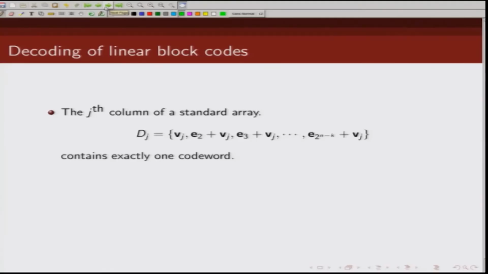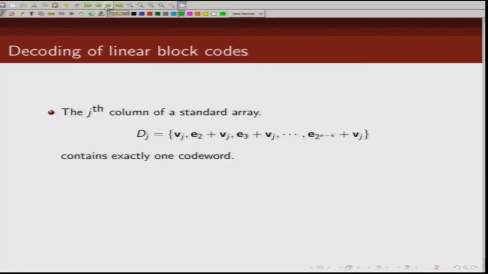So, this is interesting, that now we have a one-to-one mapping between each coset or each coset leader and a syndrome. Another thing to note is, if you look at the columns of the standard array, each column corresponds to one particular code word. If you recall, when we started the lecture, we said we want to partition our 2 raised to n vectors into 2 raised to k different sets, and each of these sets should correspond to only one code word, and this is what is happening here as well.